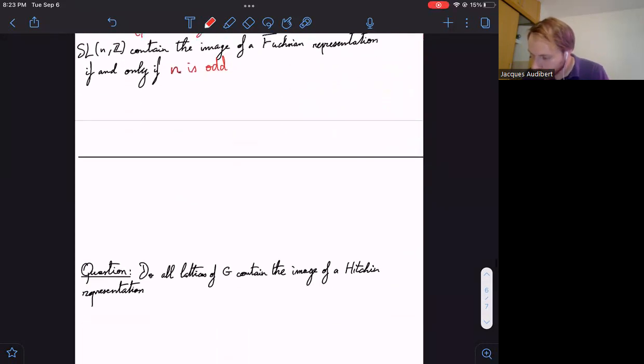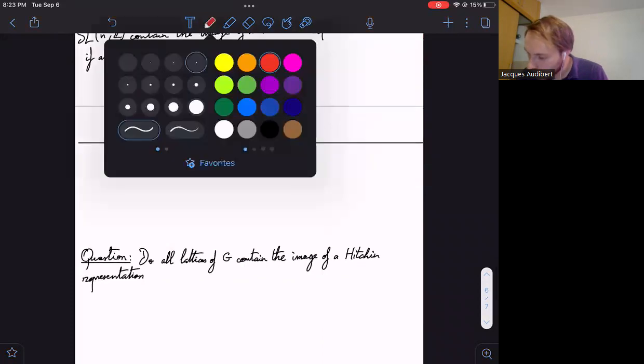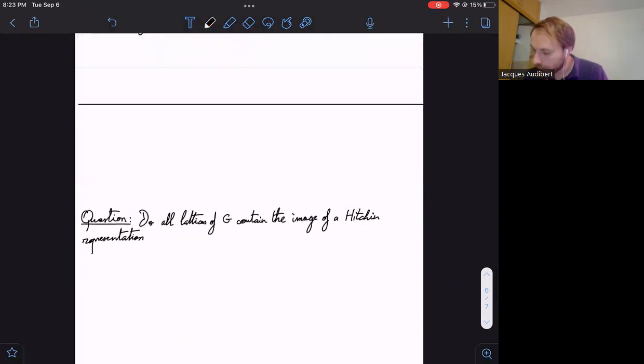All right. So finally, I want to look at the question we talked about. We asked the following question: do all lattices of G contain the image of a Hitchin representation?